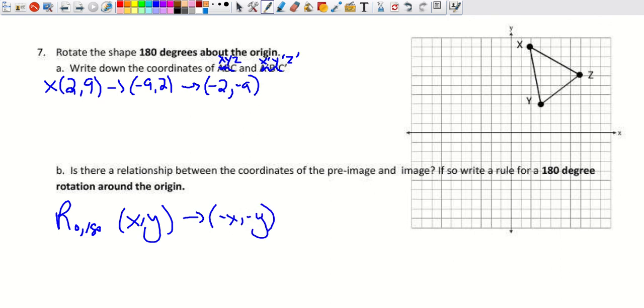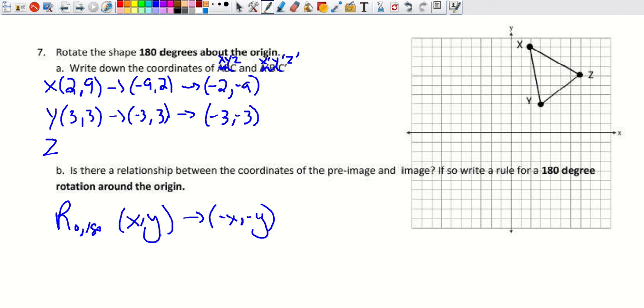So Y is the point (3, 3). Swapping and opping is going to become the point (-3, 3). And then when I do the swap and opp again, this is going to be (-3, -3).